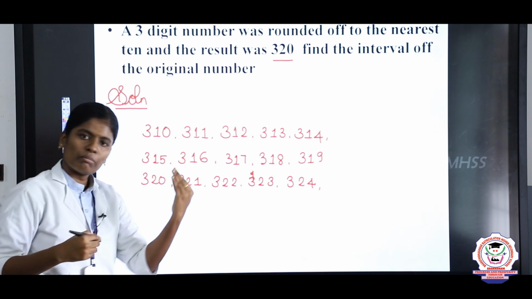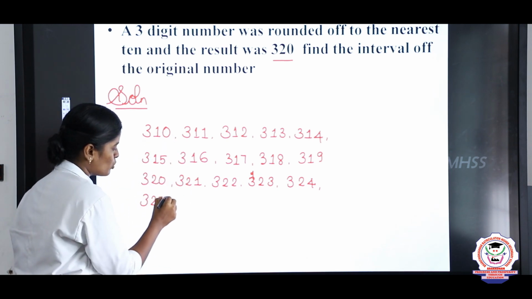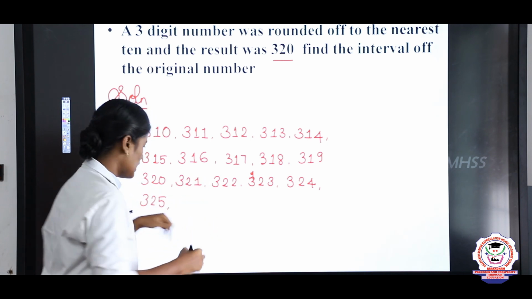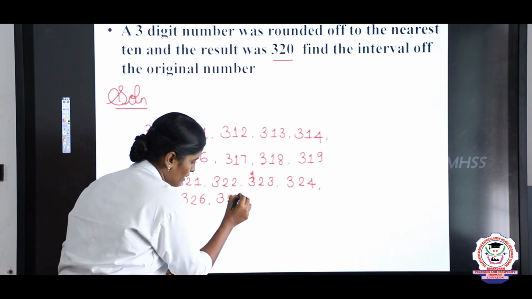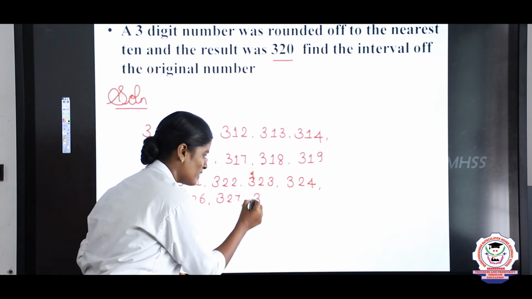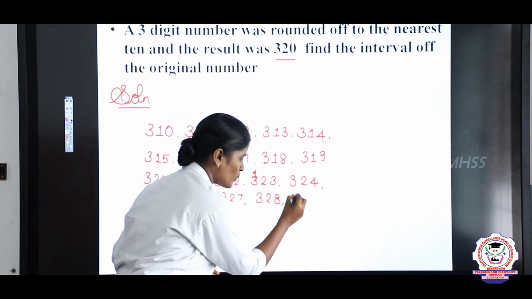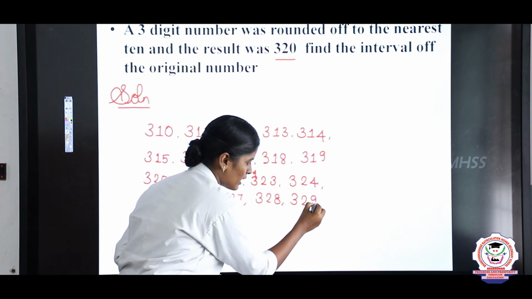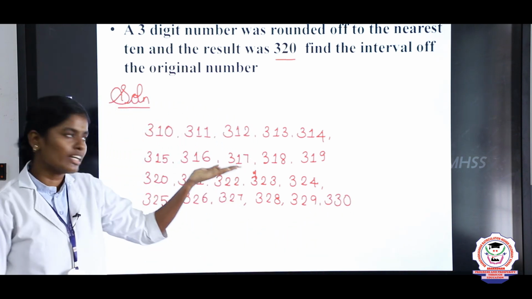So what is the next number? 325. Up to 330 you must write. 326, 327. The next number is 328, 329. The final number is 330.